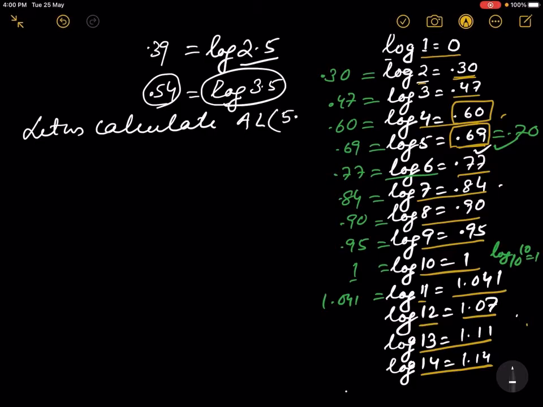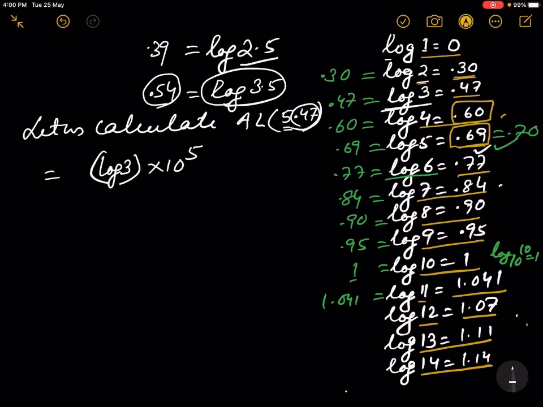Remember one thing, the number before the decimal point is written as 10 to the power of that number, or you can say 10 to the 5, and this 0.47 is log 3. So we can write log 3, and then anti-log, because we are going to calculate anti-log of 5.47.